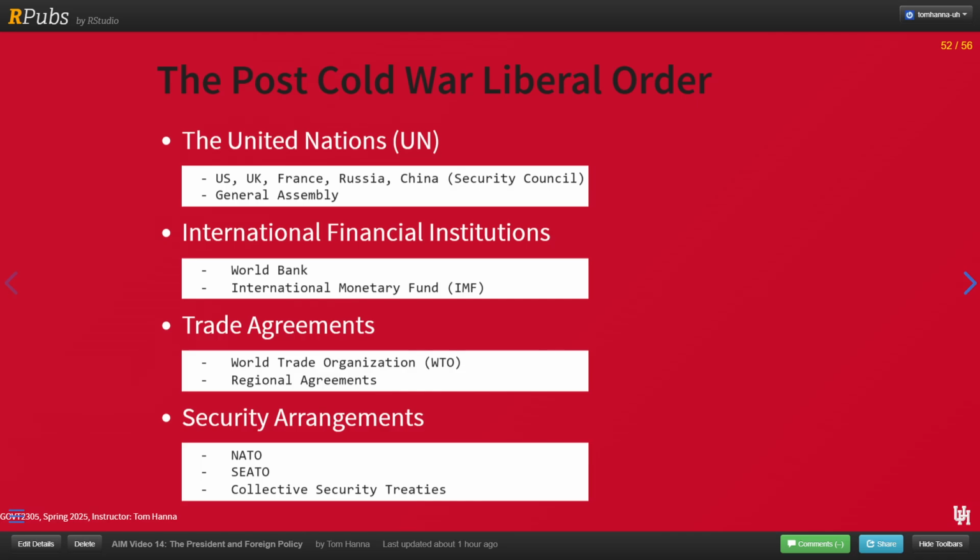The United Nations. The Security Council consists of the US, the UK, France, Russia, and China. It was originally nationalist China, which meant that it was an alliance. It was our allies, the US, the UK, France, and China, plus our former ally during World War II, Russia, or the Soviet Union, which had become our adversary.